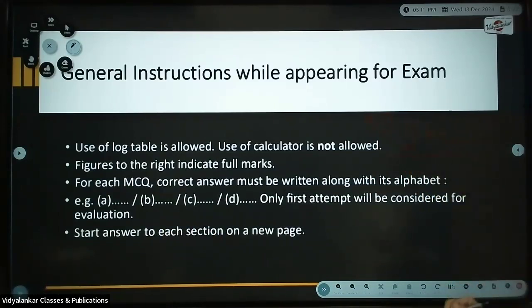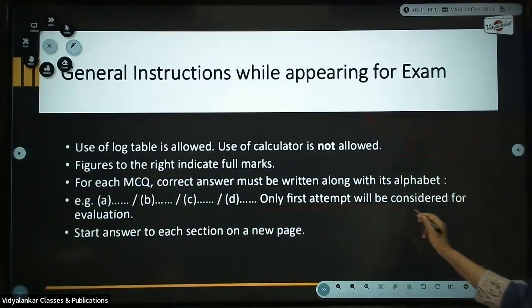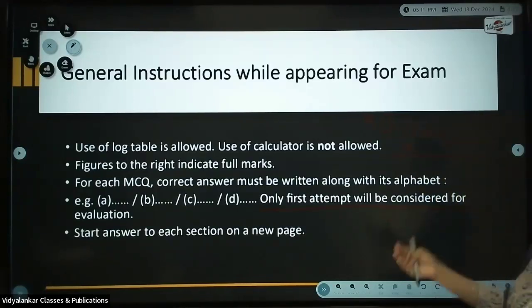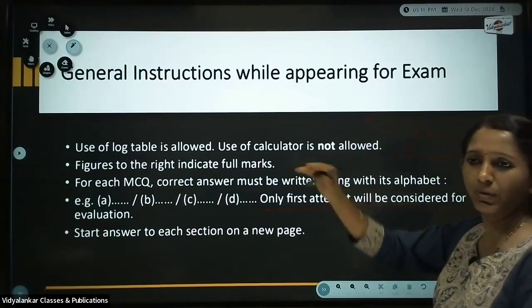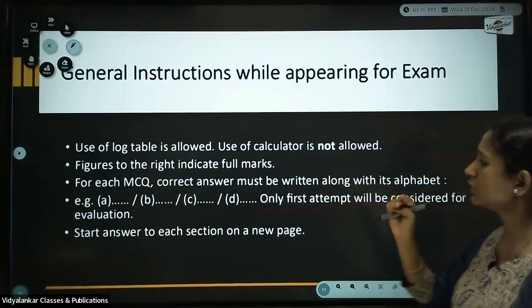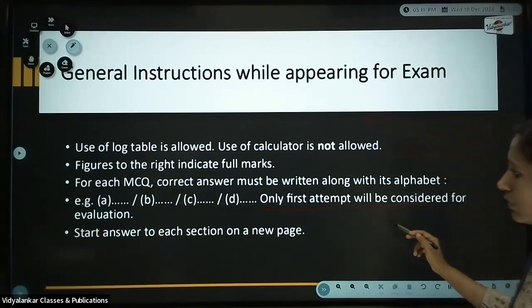One more thing: the examiner is going to consider only the first attempt. It means if you are writing section A on page 1 and again give your attempt for question number 1 on any page, suppose on the last page, then only the first attempt they are going to consider.